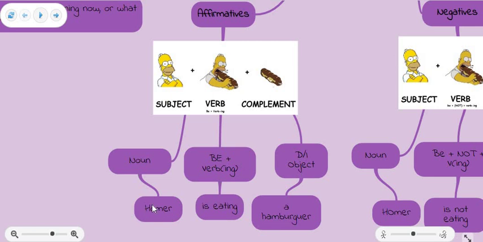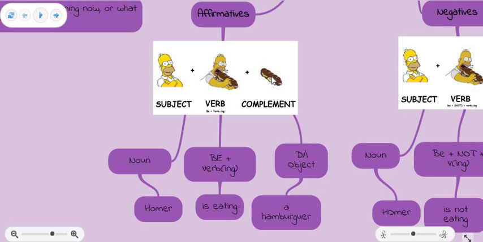So since our subject or our noun is Homer, and Homer is only one person, a man, we know that we will use is. So Homer is, and the second verb, or the main verb actually, will have to end in ing form. So far we would say Homer is eating, but we can also add a complement.